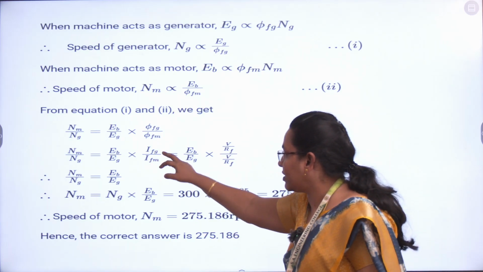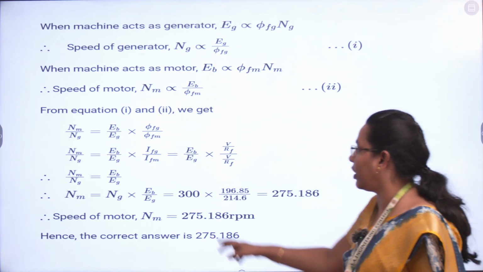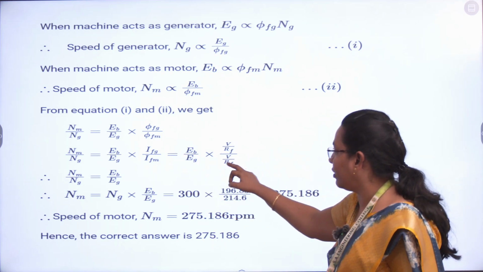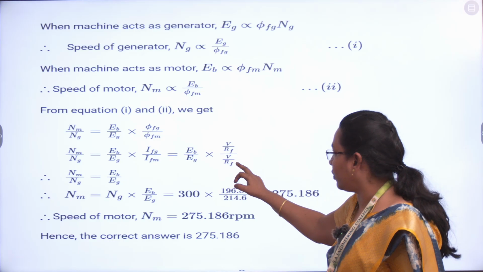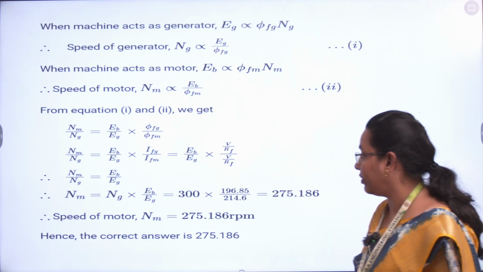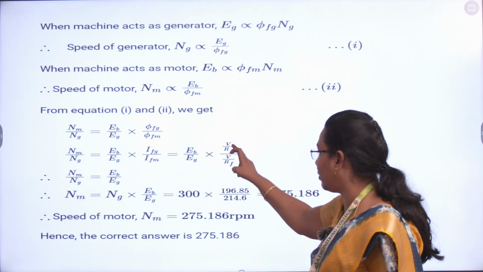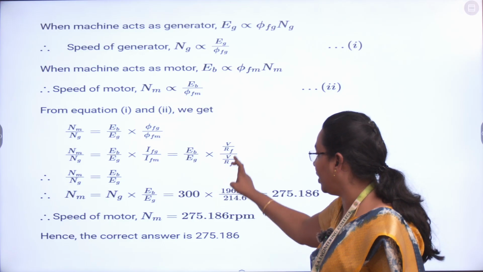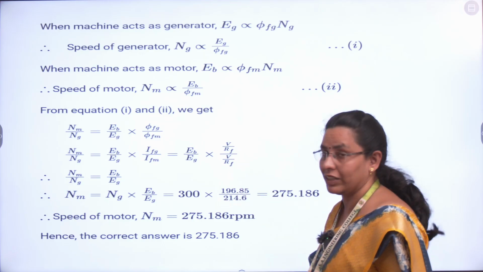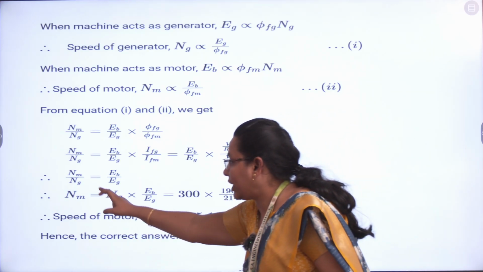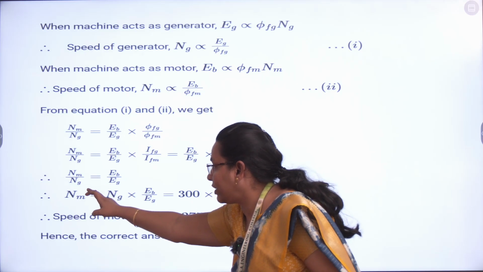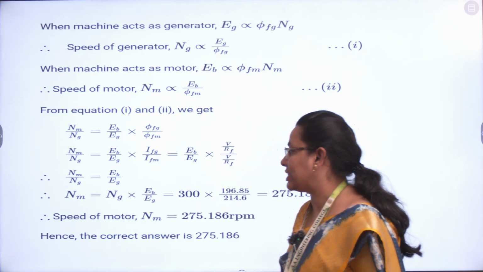So already I is nothing but V by R. So I equal to V by RF for the generator. The same follows in the motor, V by RF. So EB by EG into V by RF divided by V by RF. So V by RF gets cancelled, and the remaining is speed of motor divided by speed of generator equal to EB by EG.